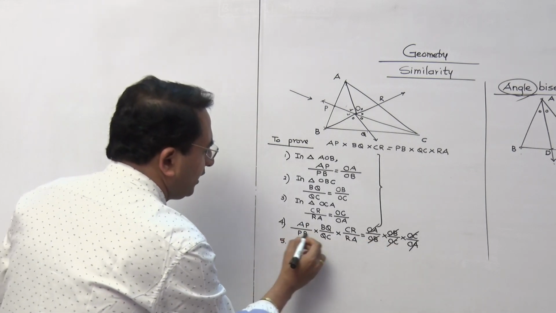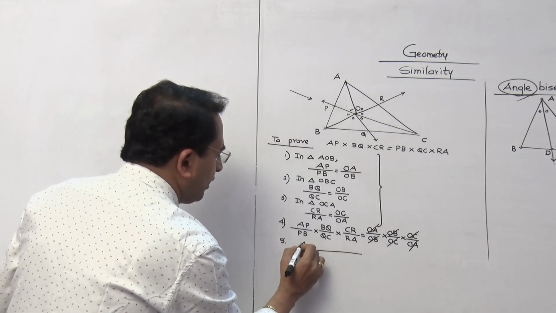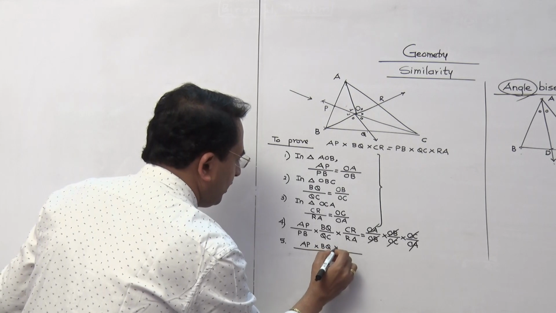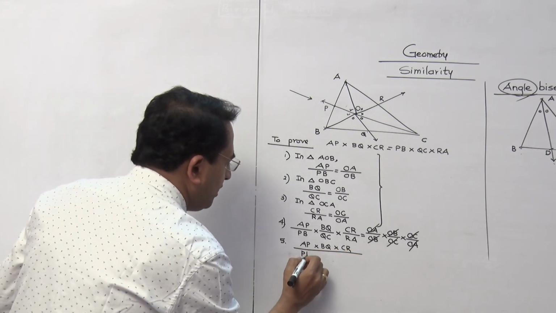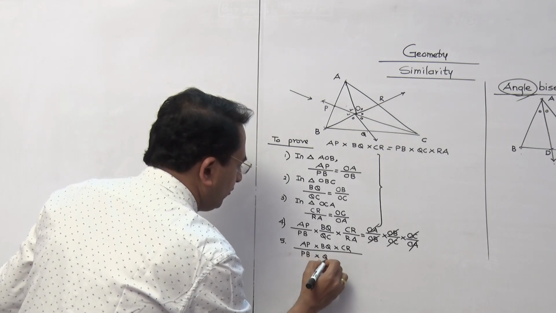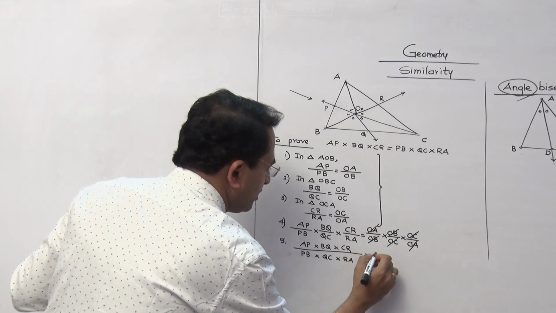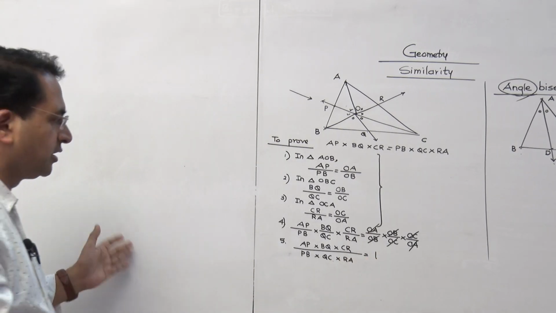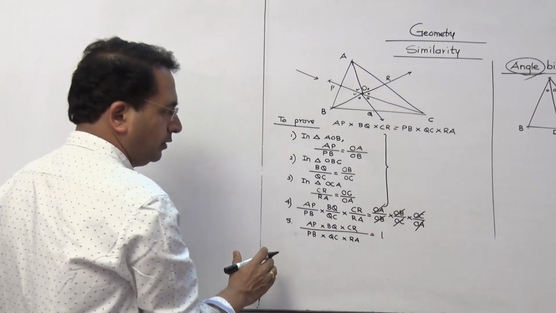When you multiply 3 fractions, we multiply their numerators, that is AP multiplied by BQ multiplied by CR, and then multiply the denominators, PB multiplied by QC multiplied by RA. That answer is going to be 1. Now we can transfer the denominator to the other side.